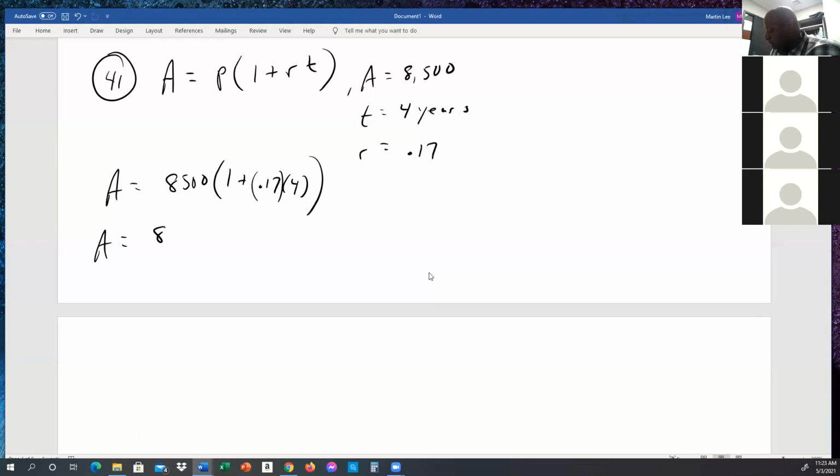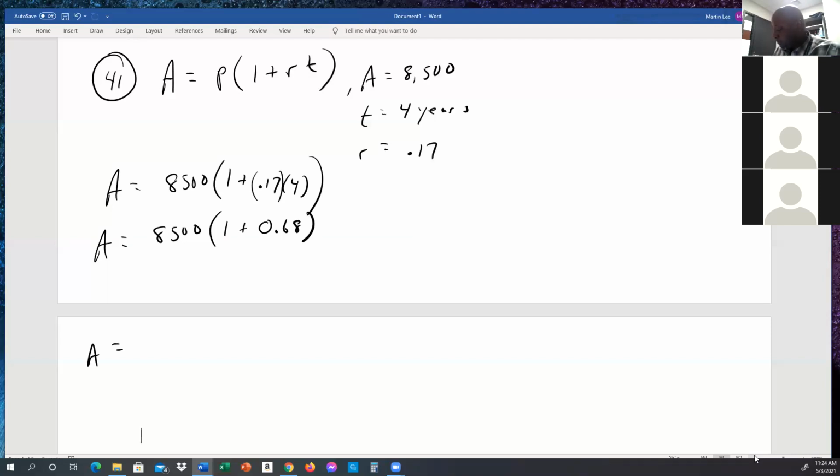Amount equals 8,500 times 1 plus, calculator, 0.17 times 4, which equals 0.68.